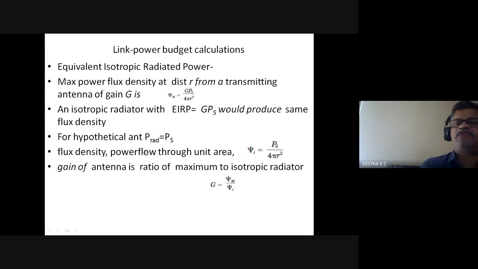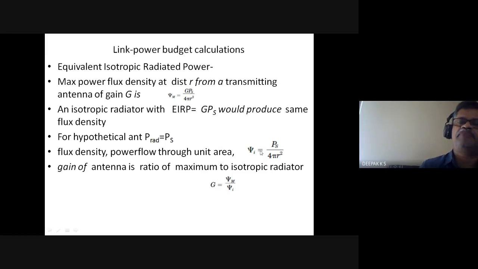Now, power flux density through unit area without gain, this ratio, the gain, is for an isotropic antenna. So the gain of an antenna is the ratio of maximum to isotropic antenna. So for an isotropic antenna, there is no gain, and so this would be the power flux density without the gain.